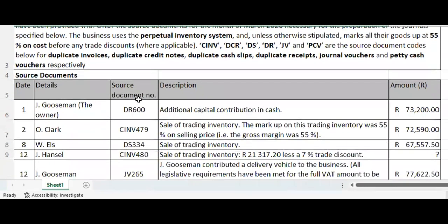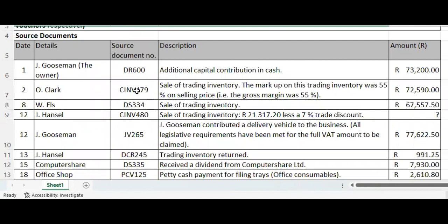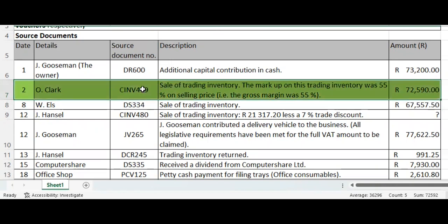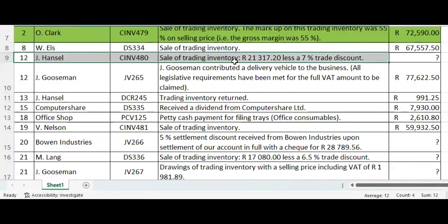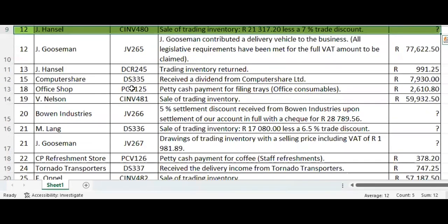So we just go down the source document column, and when I get here to the second, I see that O Clark was buying some of our inventory. So I mark that one. That is CINV 479. Next one here, and they follow. So just mark that. Is CINV 480.